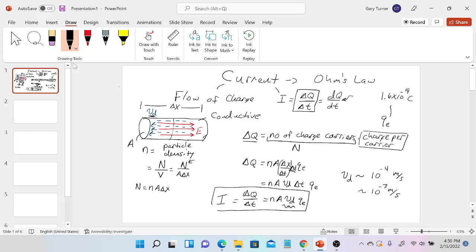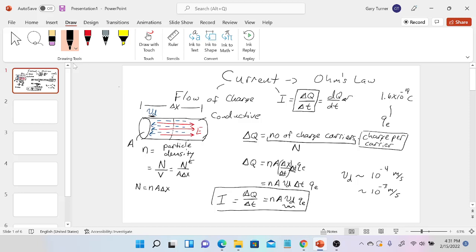The signal that tells them to start moving does, but the individual electrons will only move at this drift velocity, which is dependent on the specific density of your material. But again, your typical values are going to be on the order of tenths of millimeters per second or millimeters per second or so.